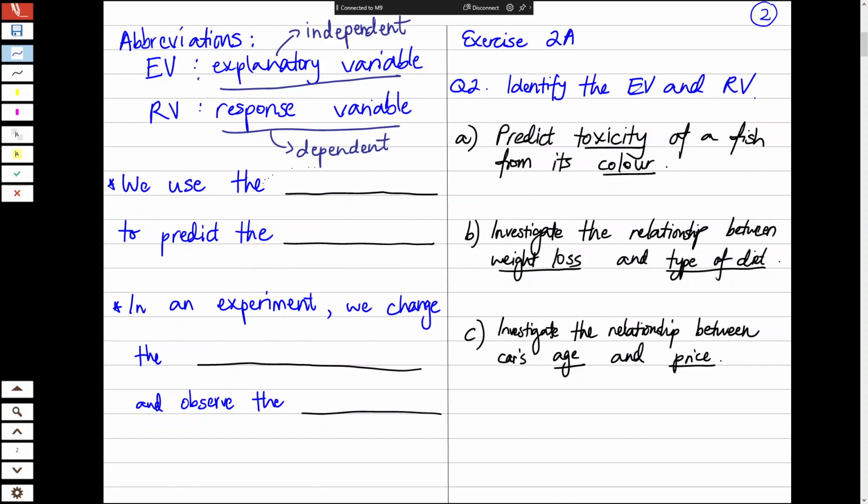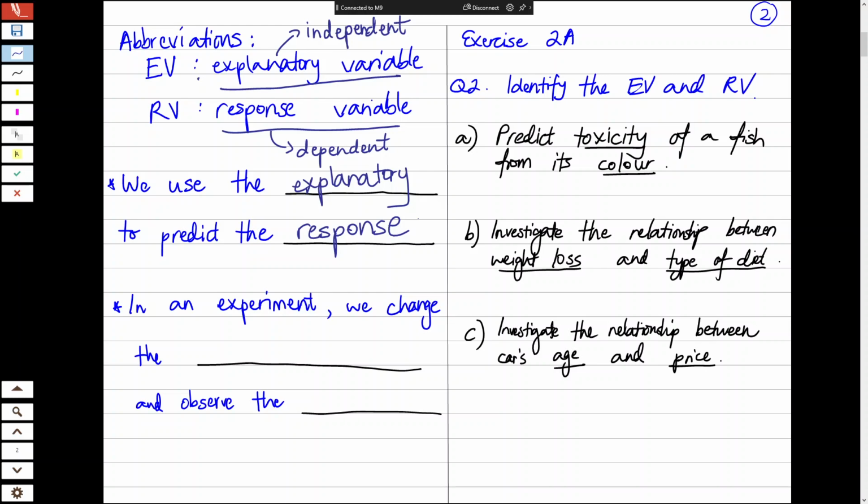So, for example, I might notice that when the weather is hotter, I might have a better chance of selling ice cream. So I might ask the question, are ice cream sales associated with the temperature of the day? In that instance, which one do you think would be the explanatory variable?